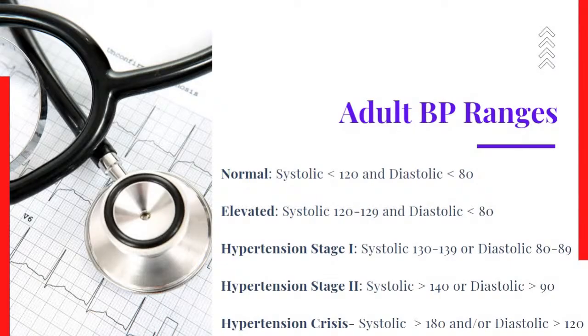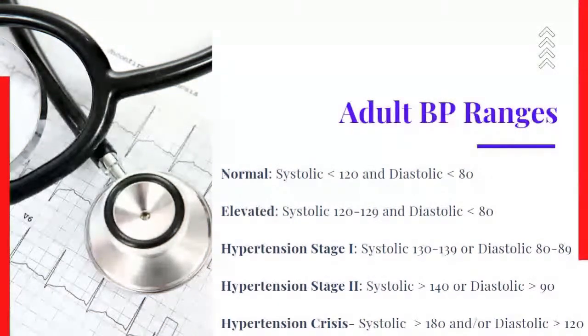But anyway, elevated according to NHA is when the systolic pressure is between 120 to 129 and the diastolic is less than 80. So even if that diastolic number is good, let's say your patient's blood pressure is like 126 over 74. Although that 74 is a normal diastolic reading, because that systolic pressure is between 120 to 129, it's going to be considered elevated.